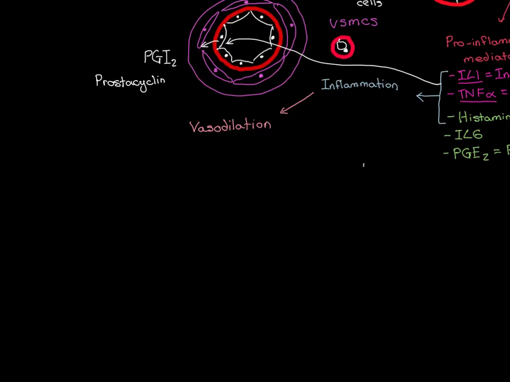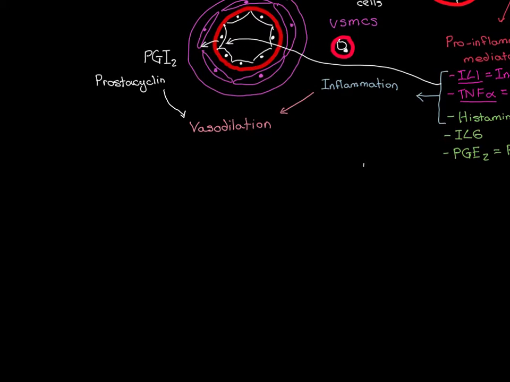Okay, so just to summarize this again to make sure it's clear: interleukin-1, TNF-alpha, and histamine act on the endothelial cells of the terminal arteriole and make them secrete another molecule called prostaglandin I2, also called prostacyclin, which they will release into the extracellular fluid and which will make its way back to the vascular smooth muscle cells, will work on receptors on the vascular smooth muscle cells and cause them to relax, and therefore the circumference of these rings of vascular smooth muscle cells will increase, and therefore the diameter of those terminal arterioles will increase. So this is overall then going to lead to vasodilatation or vasodilation.